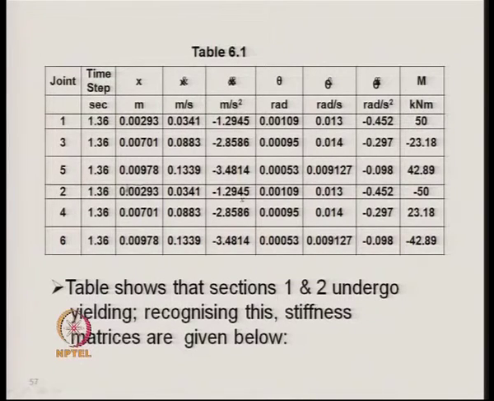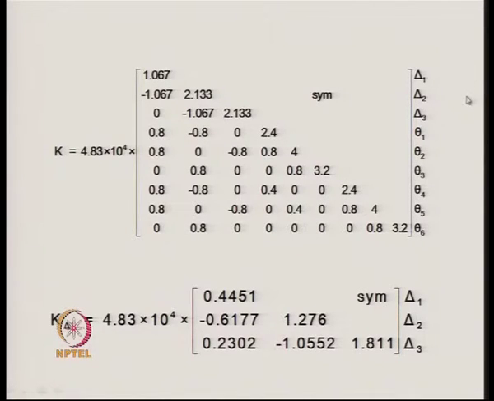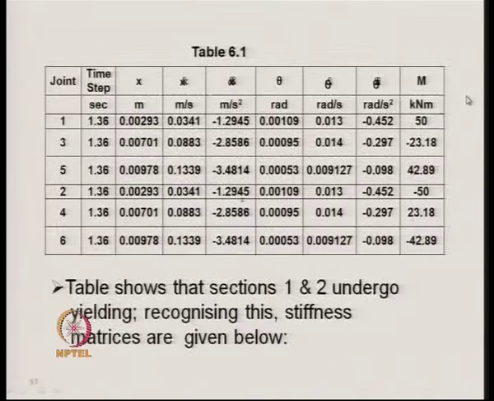With the help of these rotations and the displacement, one can calculate the bending moment at the two ends of the lower beam, and for the two ends of the lower beam the bending moment is equal to 50, and for the next beam it is 23.18 and it is 42.89 for the other beam.